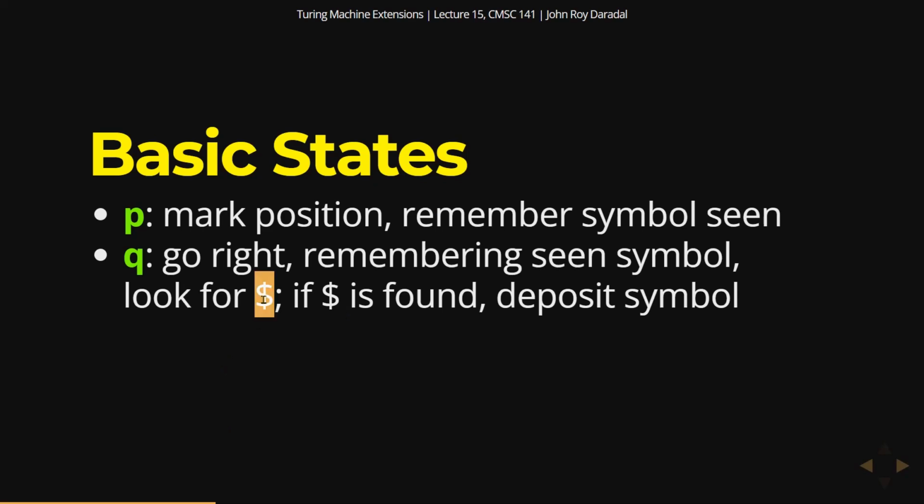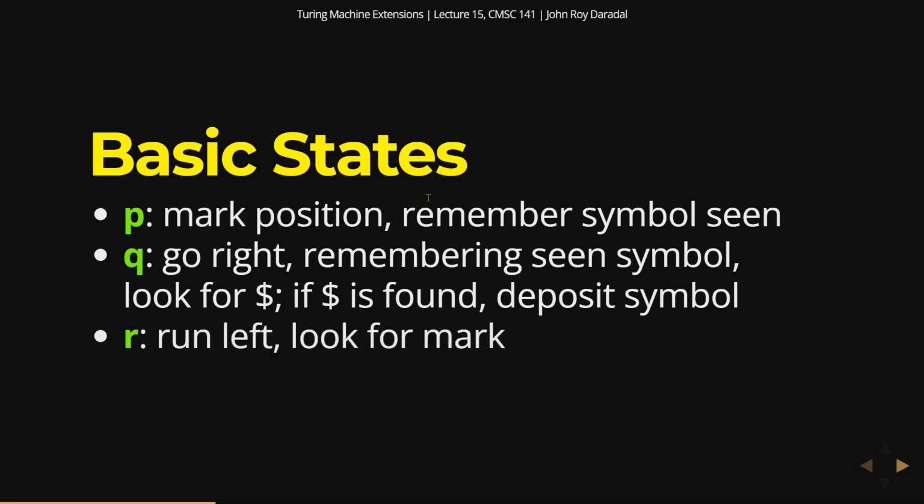So we look for a blank, and if the blank is found, then we deposit the symbol. Since we're remembering the symbol that we saw in the first part, if it was a 0, then we deposit 0. If it's a 1, then we deposit 1. After that, we go back to the left and find the marked position so that we can proceed to the next symbol. So the state R will run to the left and look for the marked cell. So those are the 3 basic states.